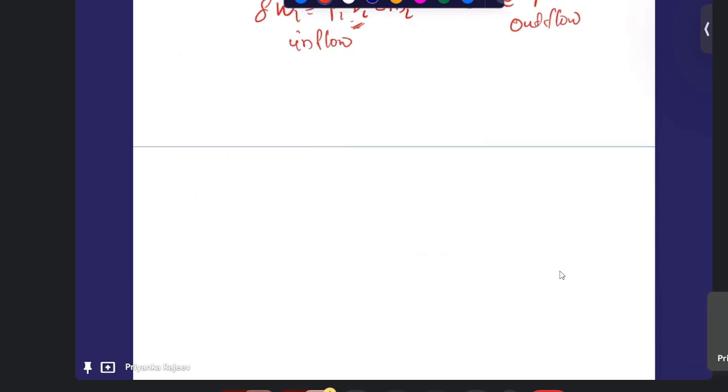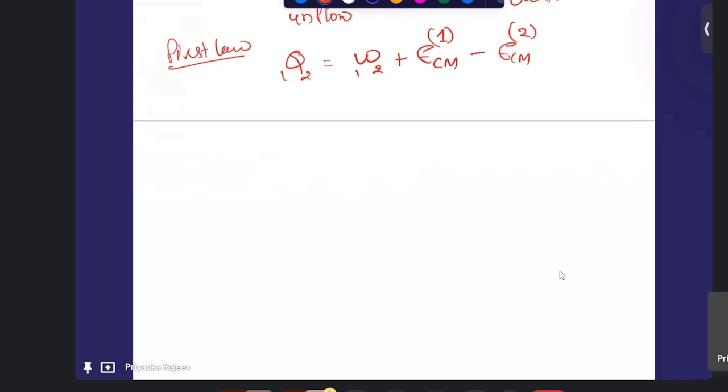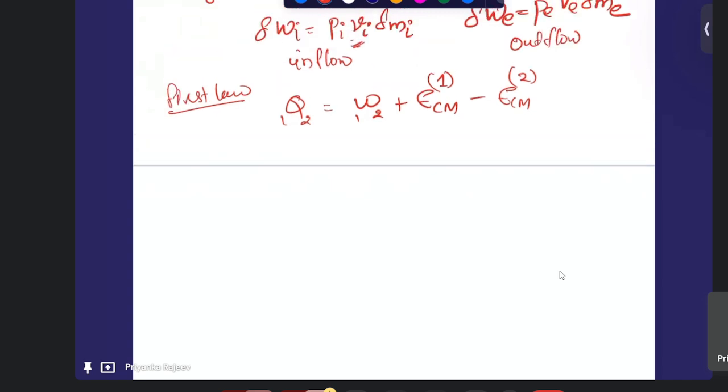Now we can apply this first law of thermodynamics. It will be coming as Q12 equal to W12 plus ECM of 2 minus ECM of 1. Or the other way also, because it's a change, final state minus initial state is also possible.